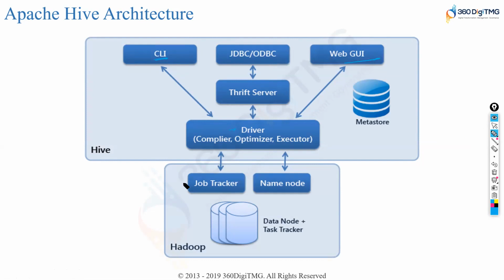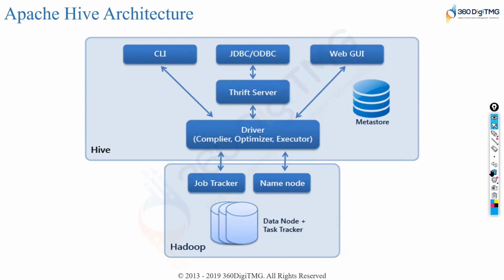And this driver runs through the compiler, optimizer, and executor, all three. Once your SQL queries get converted into MapReduce, those MapReduce commands are executed on data nodes. So this is the architecture.